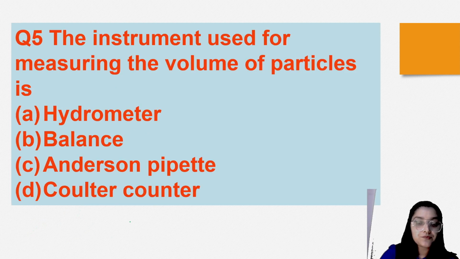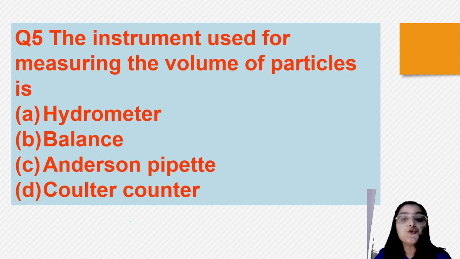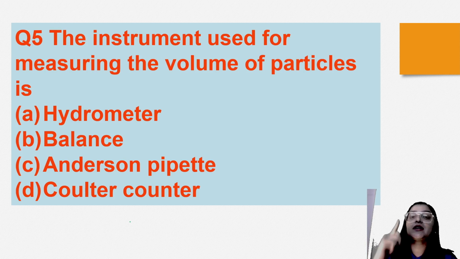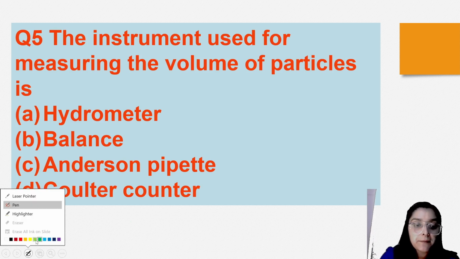Alright. Next, the instrument used for measuring the volume of particles. Here also, I should not even read the options because the answer is very clear in my head. I have mentioned there is only one instrument that is used for determining volume of particles. In 10 seconds only, tick the correct answer and we'll be coming back to you.